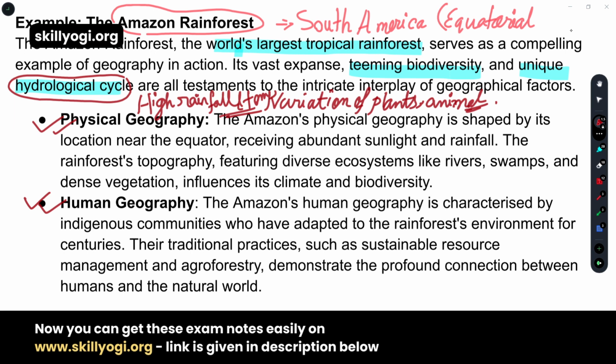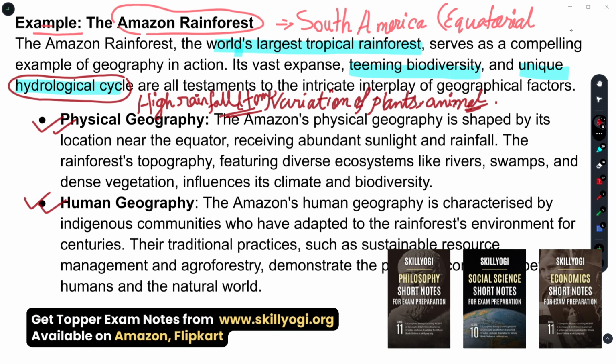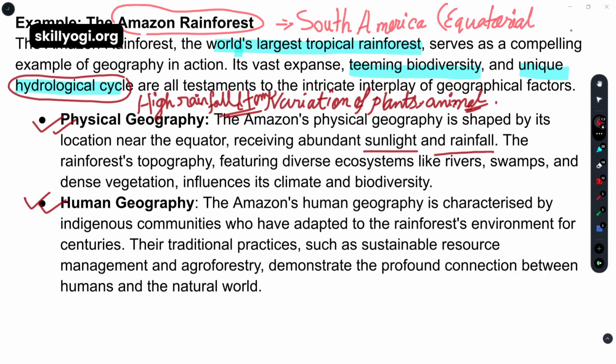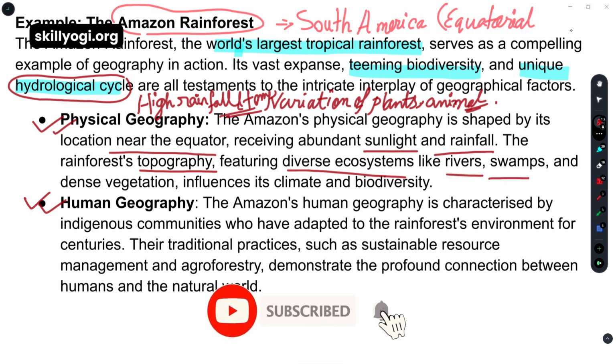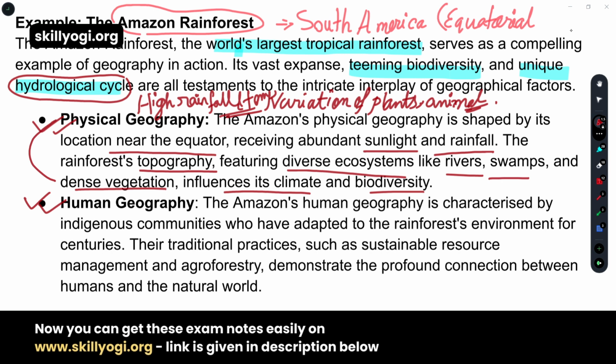Till class 10, what you have learned in the part of geography, like the different sunlight, different rainfall, the locations of a place, topography, different diversification of ecosystem, rivers, swamps, dense forest or vegetation, influences its climate, biodiversity, everything is related to physical geography, which is also called the natural part of geography.